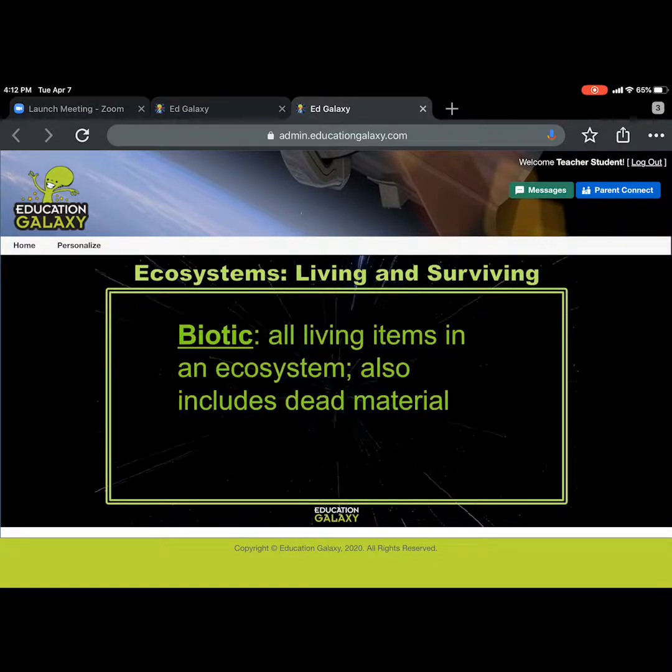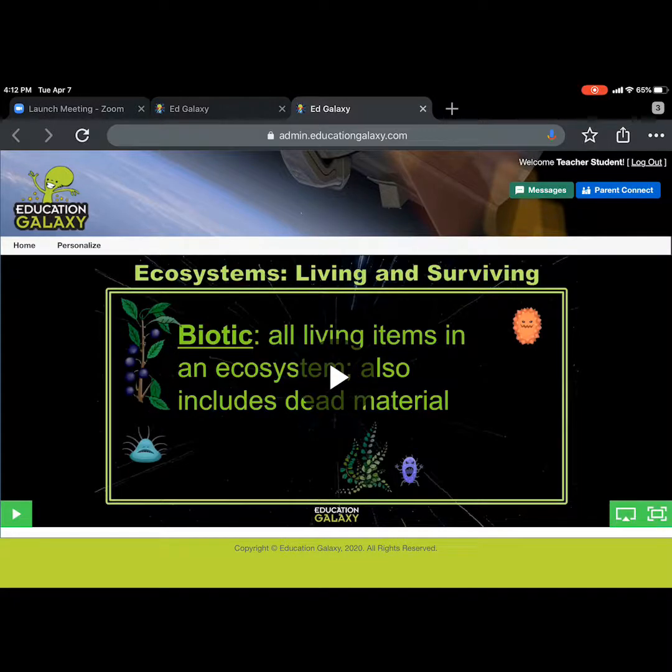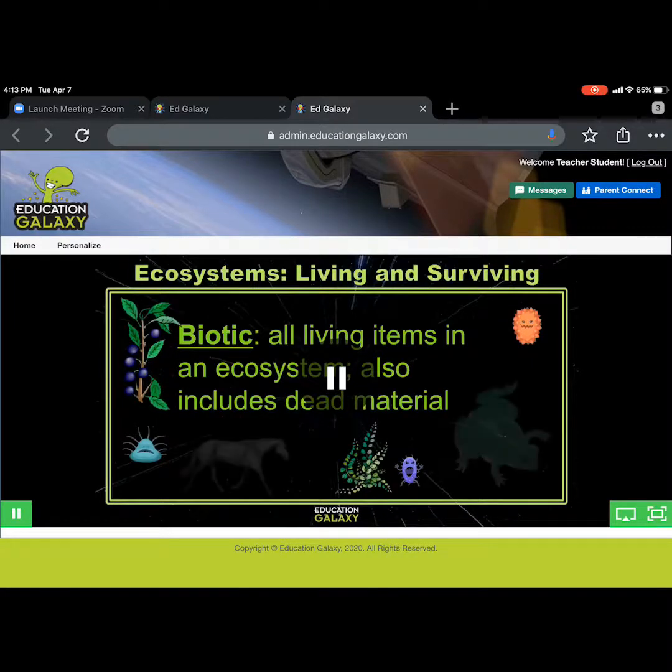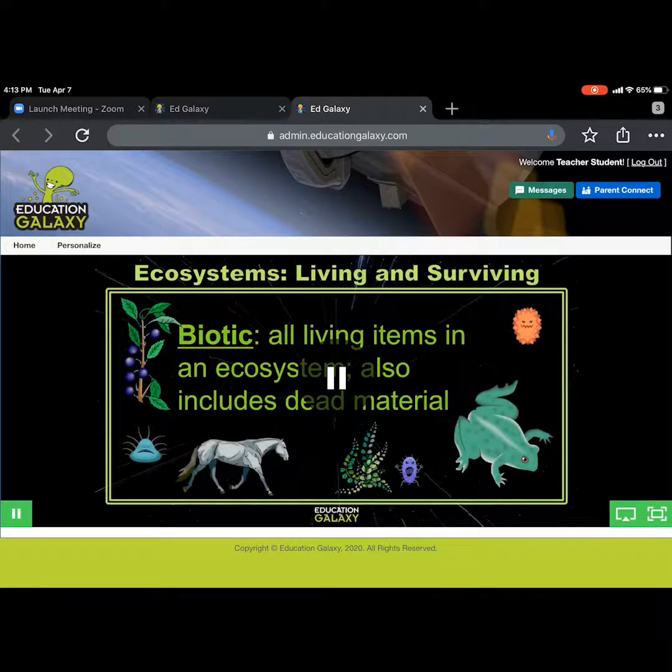Biotic. These are all of the living organisms in an ecosystem. Things like bacteria, plants, and animals. As you guys can tell, this is all the living stuff. Since these are all alive, they can also die or be dead.